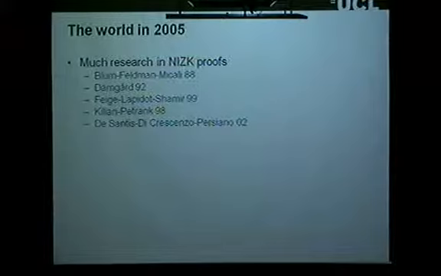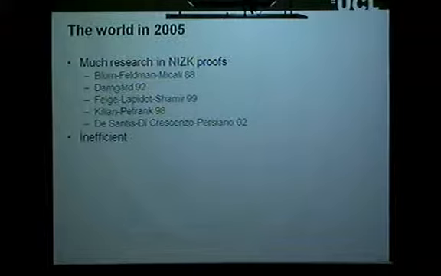There had been a lot of research, starting from the definition, and then efficiency improvements, constructions based on general assumptions such as trapdoor permutations, and efficiency improvement, again, by Killian and Petrank, attempts to shorten down the size of the common reference string. But despite all this research, all the schemes were really inefficient.